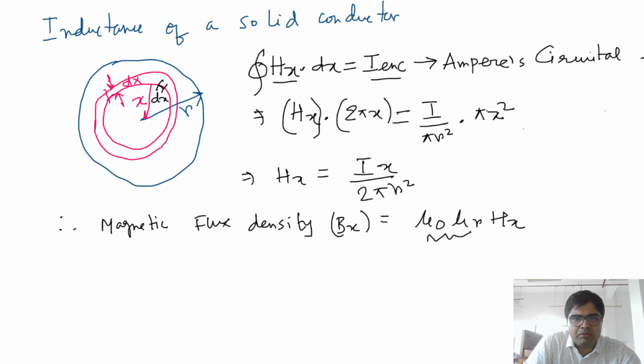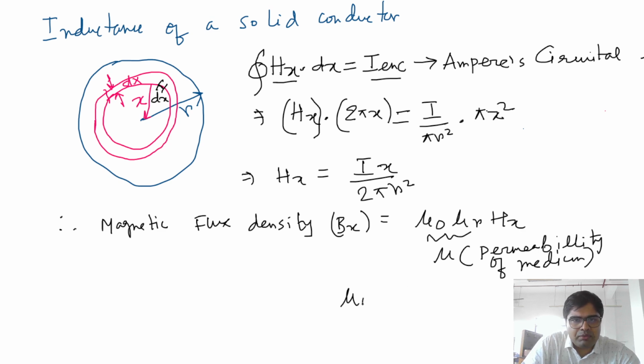This mu naught mu r collectively is called mu, which is the permeability of the medium. Here mu naught is equal to 4 pi into 10 to the power minus 7 Henry per meter. And of course, in this case, we will assume mu r is equal to 1 for air.